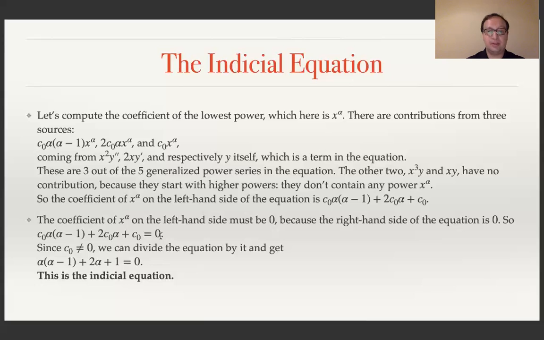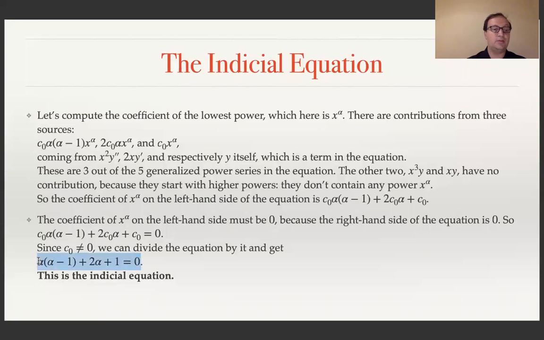Now, since, as I mentioned before, by definition, C0 is non-zero, we can divide the equation by it, and we get the initial equation: alpha times alpha minus 1 plus 2 alpha plus 1 is equal to 0. So this is the initial equation.